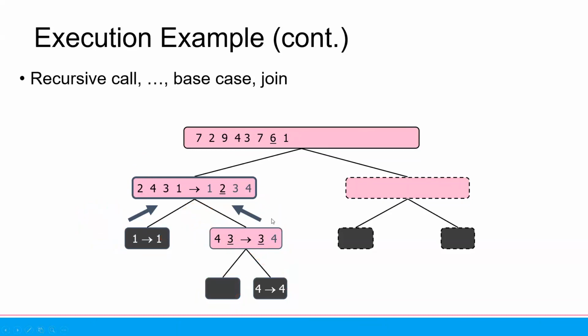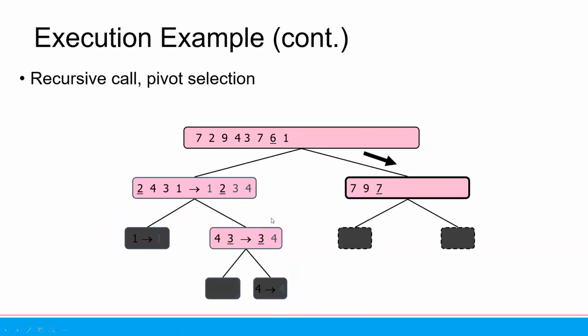After we finish with the left one, we will go to the right. We have 7, 9, and 7. Okay, there are 2 7s. So we want to check the elements which are lower than 7. Is there any element lower than 7? No. Then we have only 9.